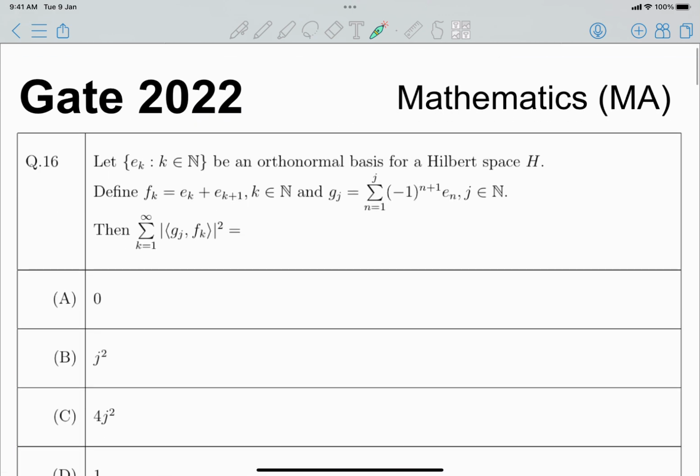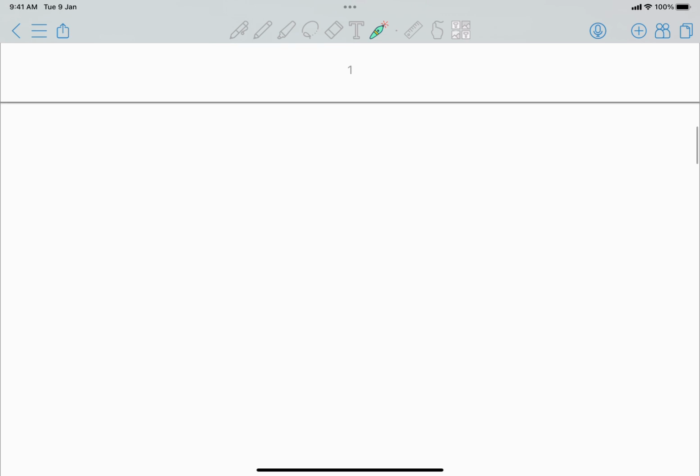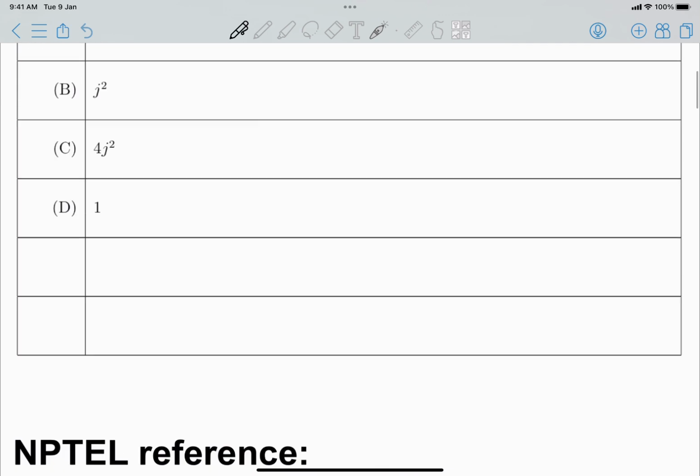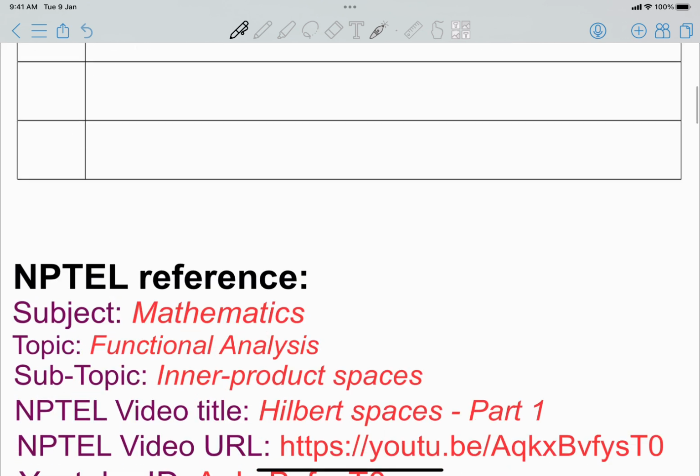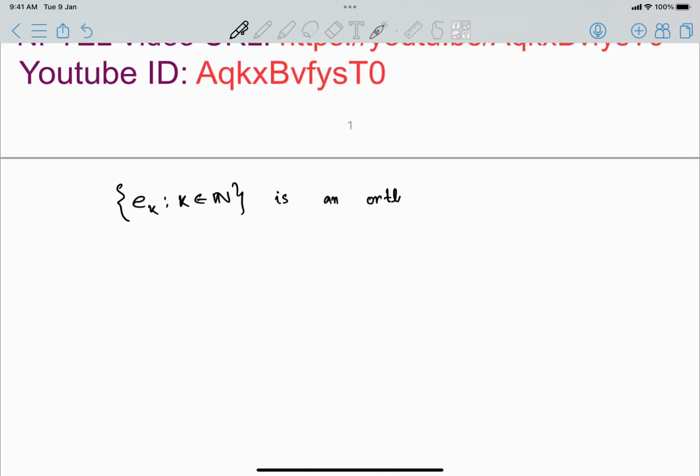So what is given? f_k and g_j. e_k for k belongs to N is an orthonormal basis for H. And f_k is defined to be e_k plus e_{k+1} for k a natural number.